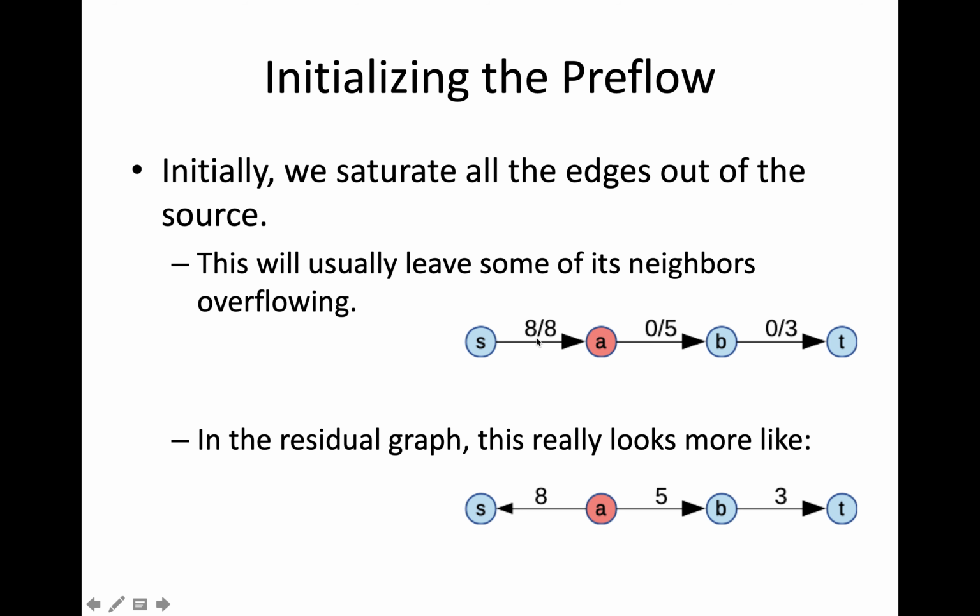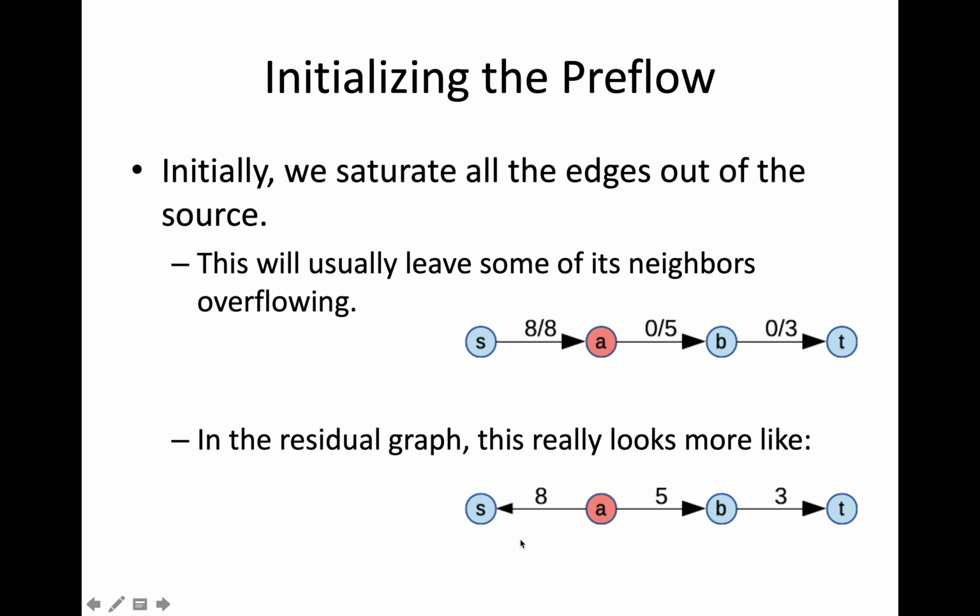In this picture, this is showing the flow and the capacity. If you wanted to look at the residual graph instead, remember that shows how much remaining capacity there is between any pair of vertices. The residual graph would look more like this one at the bottom. I've still got 5 units capacity unused here. I've got 3 units of capacity unused here.